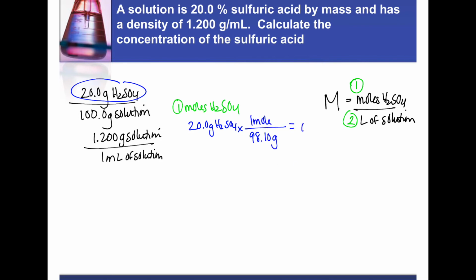And so I would get 0.20387 with 3 sig figs moles. Then the second step would be to calculate liters of solution. And I'm going to use the other part of my percent here. So 100 grams of solution. And then I can use my density.